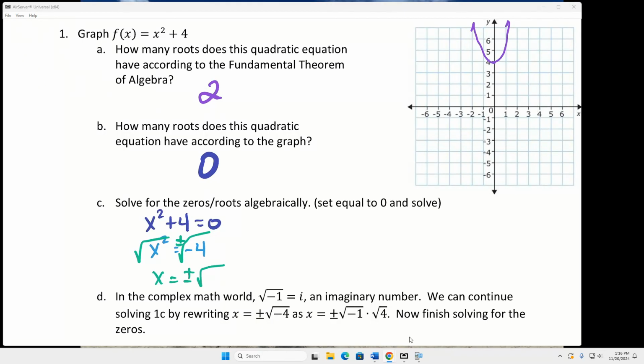So can you guys think of something that you can multiply by itself and get negative 4? Negative 2? Negative 2 times negative 2 is positive 4. Anything else? 4 times 4 is 16. There's not a real number that you can multiply by itself and ever get a negative. It doesn't happen. It just doesn't happen.